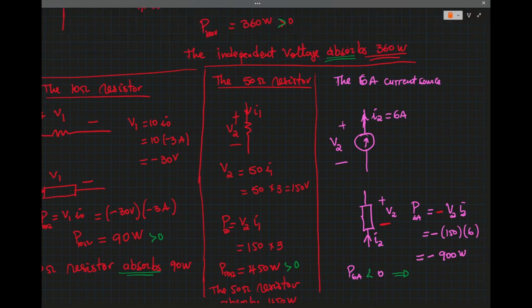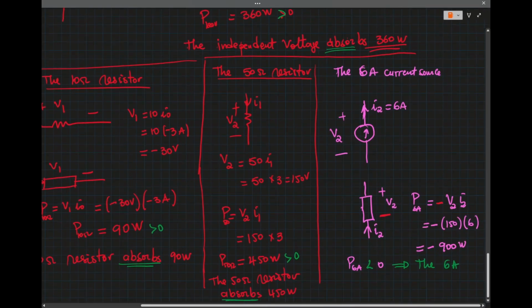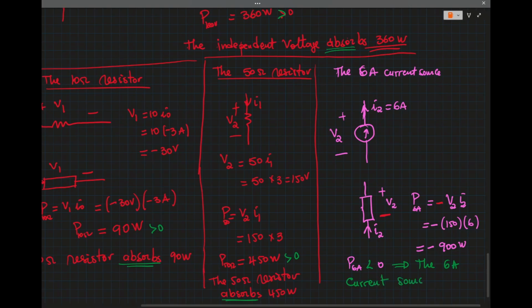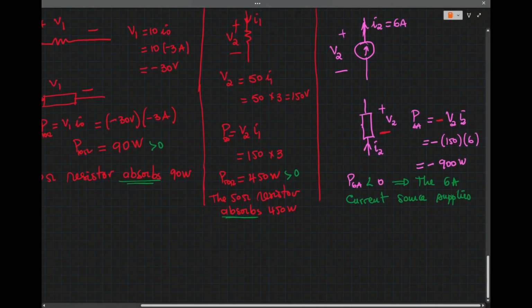This implies that the 6 amps current source supplies 900 watts to the circuit.